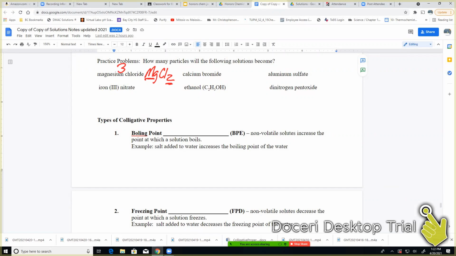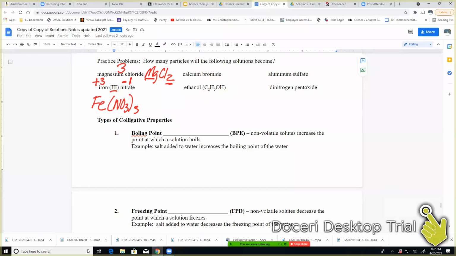Iron(III) nitrate, that 3 means that this iron has a +3 charge, and the nitrate is a -1. So when I write that formula, it's going to be Fe(NO3)3, and that would have to have a subscript of 3 on the outside.